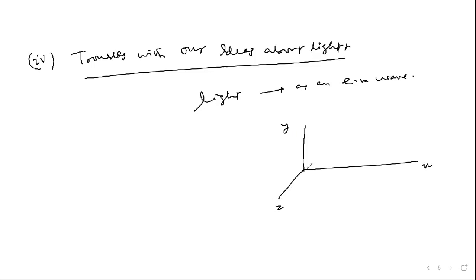There is an electric field oscillating sinusoidally, right? This is the E field variation. Let me use the color.